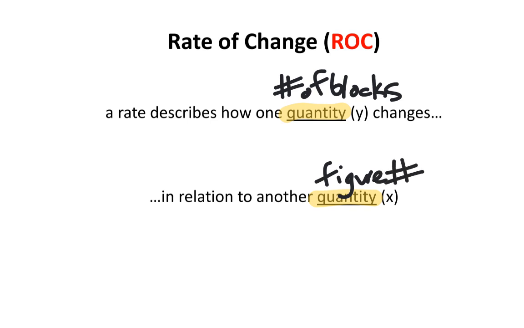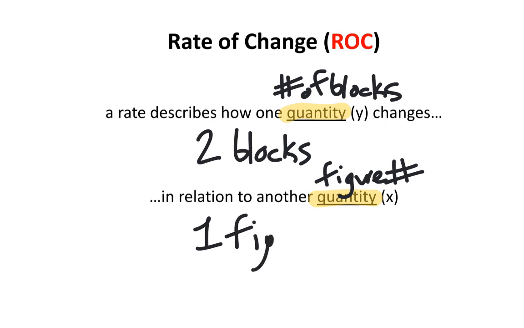Now, linking this back to the pattern we just saw, there's an increase of 2 blocks for every one figure. Therefore, the rate of change is 2 blocks for every one figure. We'll be talking about this variable of y and x a little bit later.